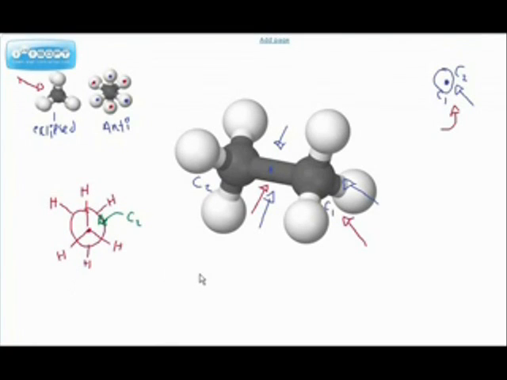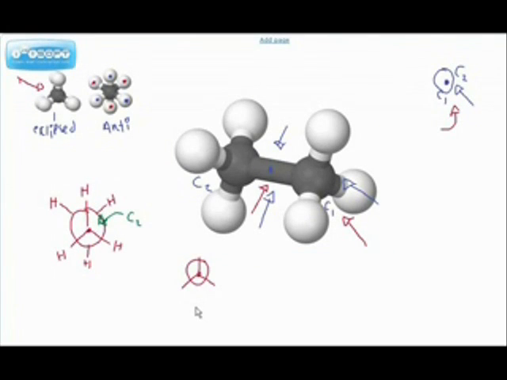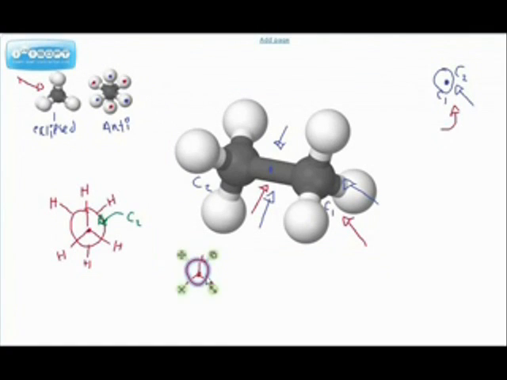And if we were to draw the eclipse conformation, we would do the same thing, but with the hydrogens matching the hydrogens from carbon number 1. So we would have here, here, and here we would have hydrogens. So hydrogen, hydrogen, hydrogen, hydrogen, hydrogen, and hydrogen, for a total of the 6 hydrogens we find on an ethane molecule.